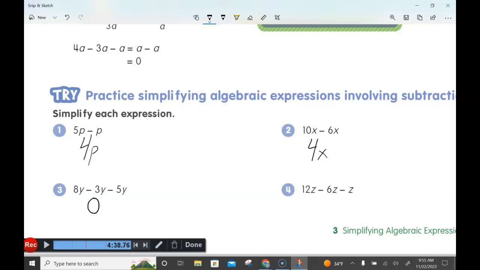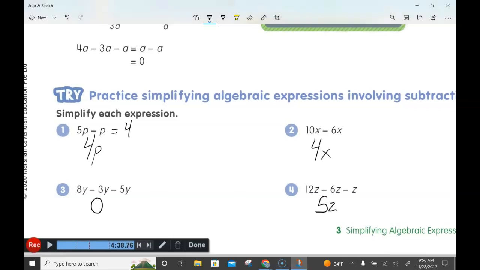Next one, 12z minus 6z minus z. So we have 12 minus 6 is 6, minus z is going to be 5, and again, the variable stays the same there. The only thing you're dealing with are the coefficients. So 5z would be simplifying that algebraic expression. So what we could say for these algebraic expressions, 5p minus p equals 4p. So that would make them equivalent.